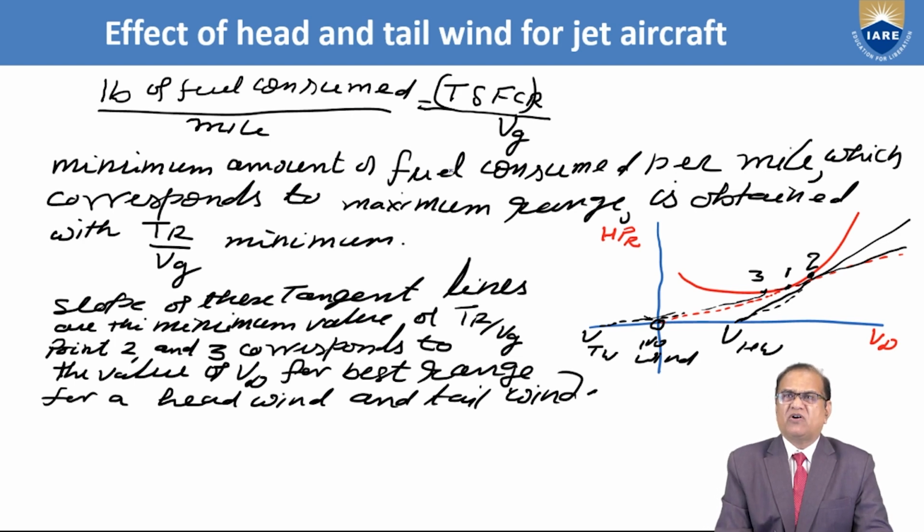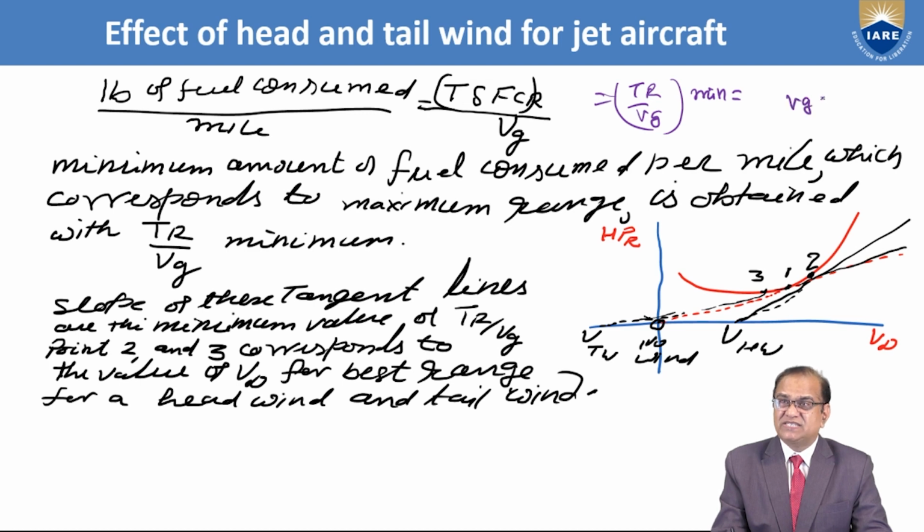So the minimum amount of fuel consumed per mile, which corresponds to the maximum range, is obtained when TR by Vg is minimum. So this term TR by Vg should be minimum, and this will be minimum when Vg is maximum.